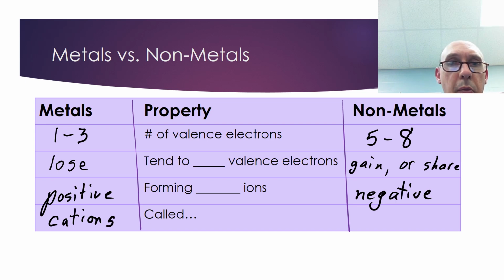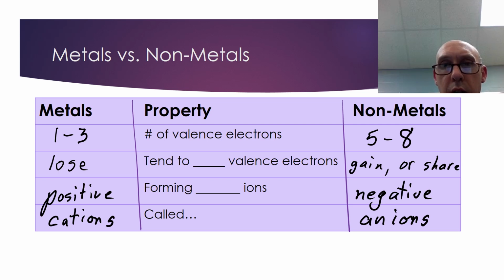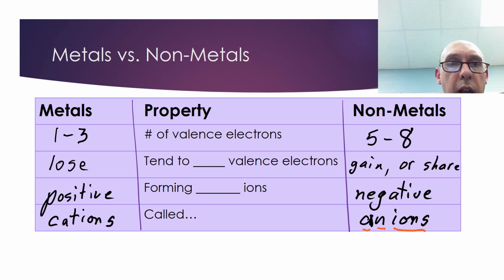And I sometimes remember that because the T has that plus sign in it, so that helps me remember that the cations are positively charged. And the negative ions are called anions, A-N-I-O-N-S, not onions, anions. It's an A at the front. And sometimes I will refer to that as a negative ion as a way of keeping it straight, as opposed to the cation, which has that positive sign built into its name.